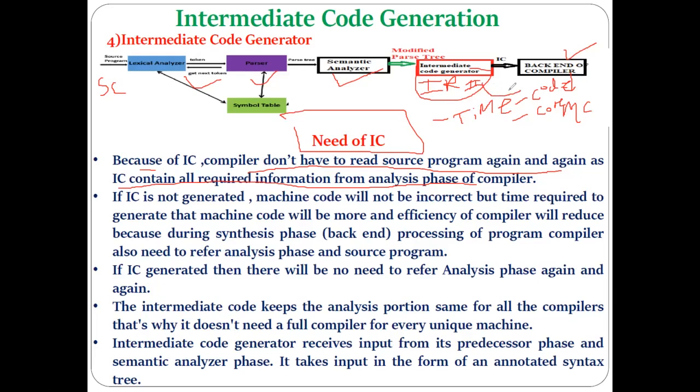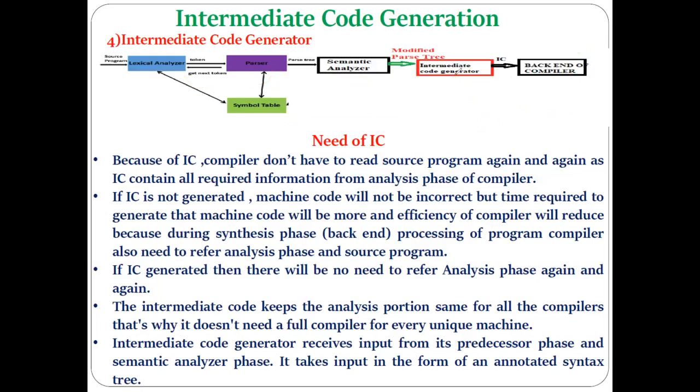The compiler can simply refer to this intermediate code for whatever information it requires from the front end of the compiler. Understood? And because of that, time will get saved, and that will be the improvement in the efficiency of the compiler. So that is the main need of intermediate code generation.